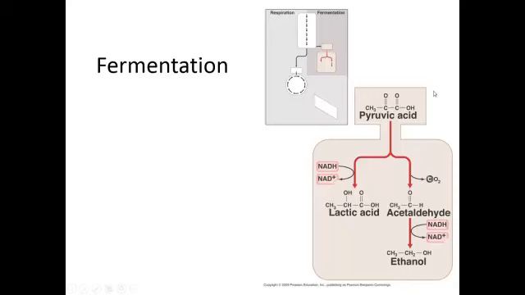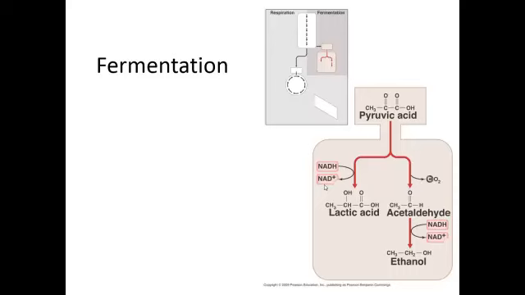So let's take a look at fermentation. We take the end product of glycolysis, pyruvic acid, and let's go with your muscle cells. We take this NADH, it's not going to the electron transport chain. We need NAD plus to keep glycolysis going. Remember, we used an NADH right after we split our 6-carbon molecule.